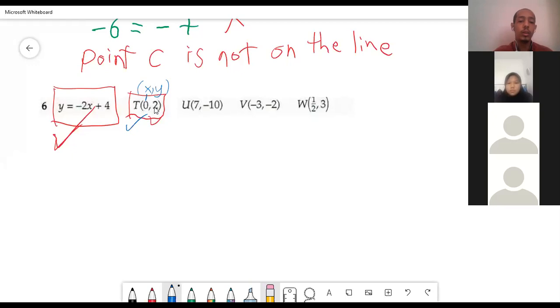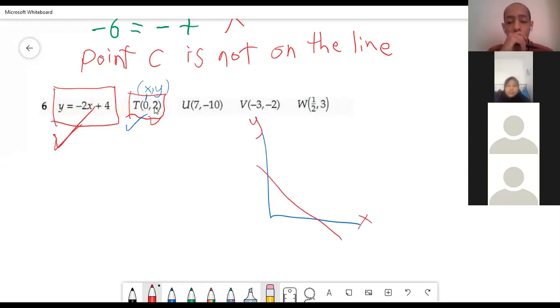Okay, let's suppose this is the line, and this is the function of this line, and we need to check this point. Here we have x, here we have y, isn't it? So for example, 0 and 2. This is 0, this is 1, 2, 3, and so on.